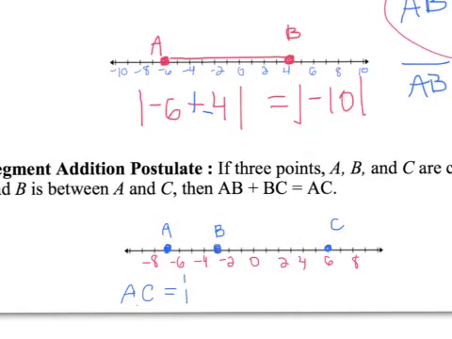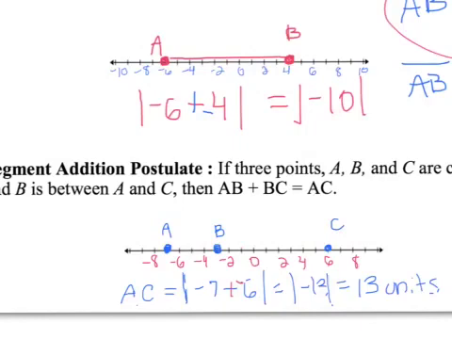So the absolute value of the A coordinate, -7, minus the C coordinate, 6. This gives us, again, keep the sign of the first, change it to addition, change it to a -6. This gives us -13, which means the distance of AC, the whole thing, is 13 units.